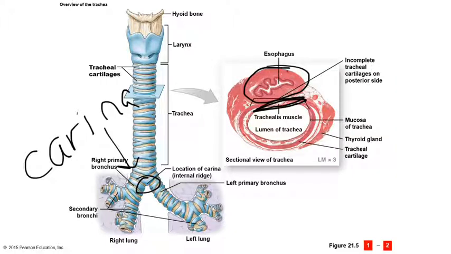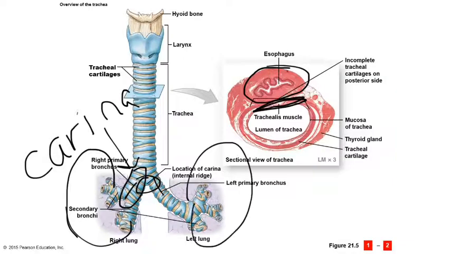And recall that the right primary bronchus was more vertical and larger, because there's more lung. The right lung has 3 lobes. The left lung only has 2 lobes, therefore only 2 secondary bronchi.